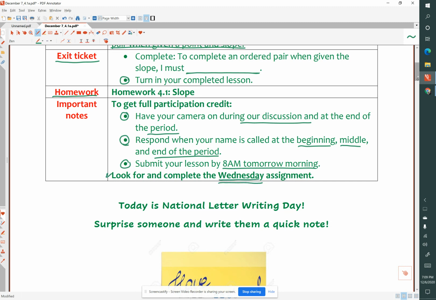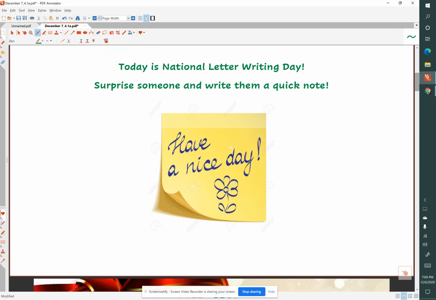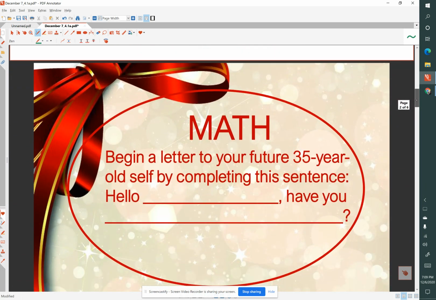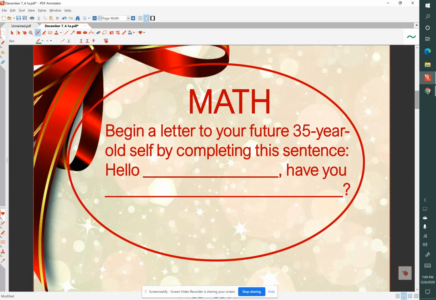Today is National Letter Writing Day, so I thought it might be nice to surprise someone by writing them a quick note. For our do now today, we're asked to begin a letter to our future 35-year-old self by completing this sentence. Hello, have you blank?